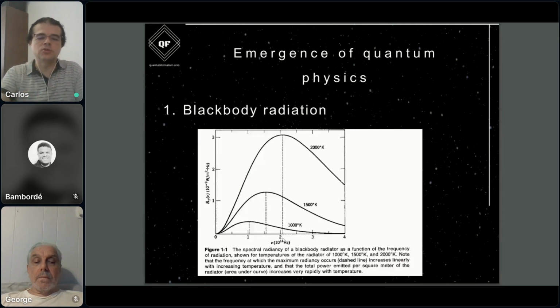This is the spectral radiancy of the black body radiator as a function of the frequency for different temperatures. So we see a dependence on the temperature and the frequency. This is an experimental result.